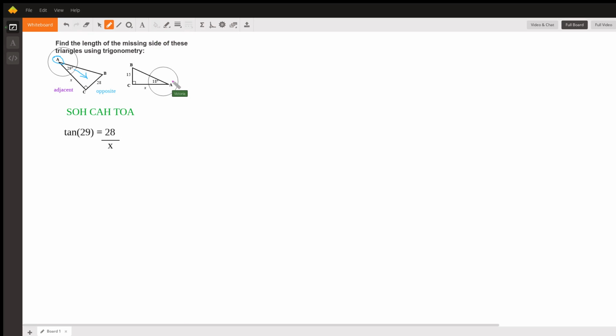We're going to stand right here, and we're going to look into the triangle. Now, what we find is that if you're standing on angle A, the 15 here is our opposite, and X here is our adjacent.